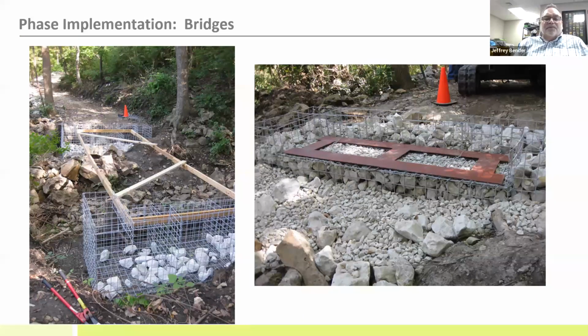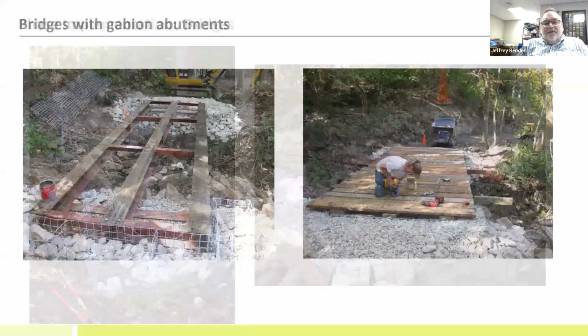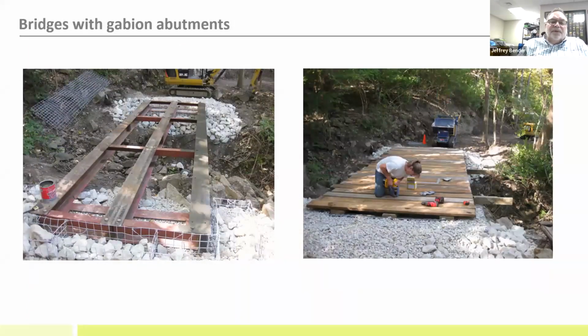And what we did was I designed bridge abutments like you would concrete, but made them out of the rock in the gabions, and then lay a steel plating on top to make a good flat surface, built up the steel frames on that, and then start putting the wood decking down.